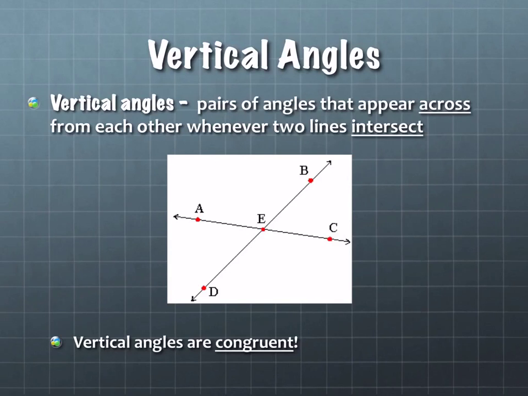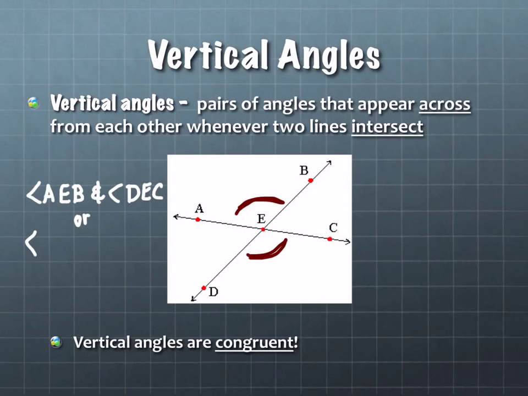All right, the first thing we're going to talk about is vertical angles. Vertical angles are pairs of angles that appear across from each other whenever two lines intersect. And vertical angles are congruent. Taking a look at this particular diagram, this angle and this angle would be considered vertical angles. So we could talk about the pair of angles that's angle AEB and angle DEC.